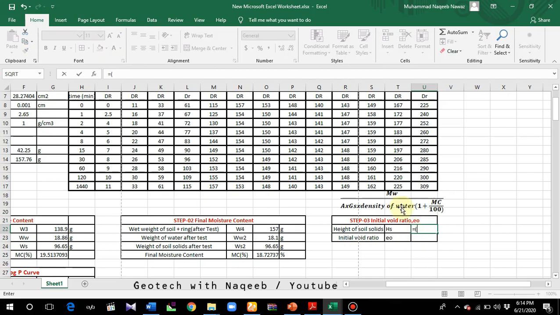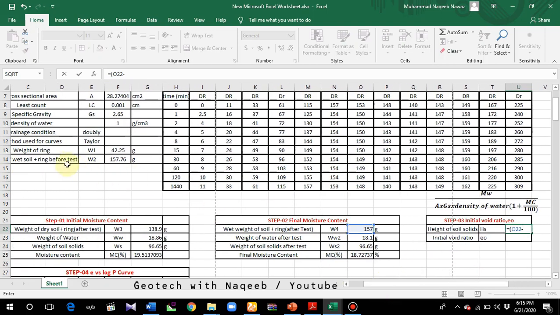So what is Mw here? Mw is the mass of wet soil, excluding the weight of the ring. So after the test, I will select this value and subtract the weight of the ring. This is the weight of ring, you can see here. So the weight of ring I'll have to subtract.